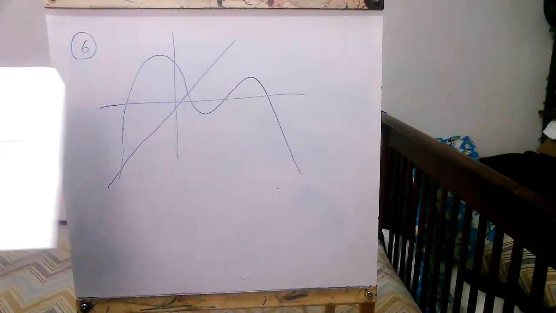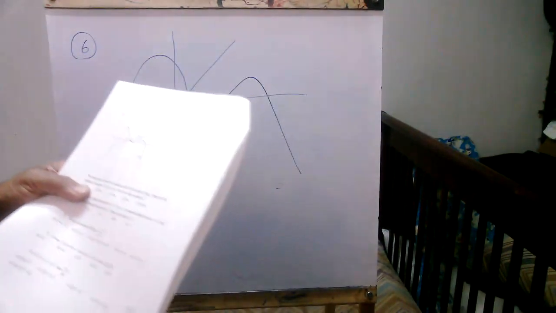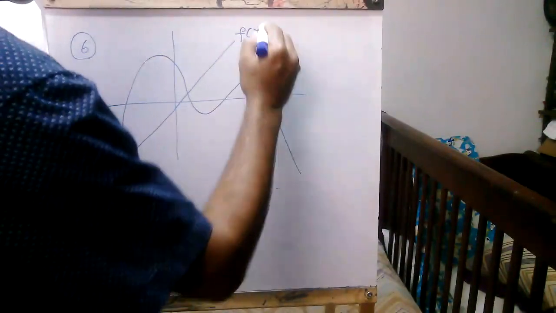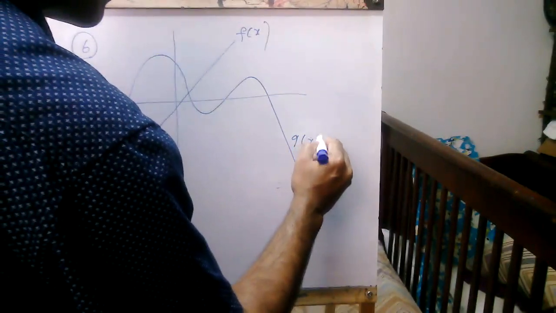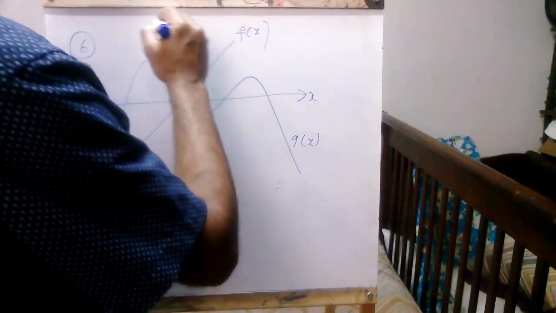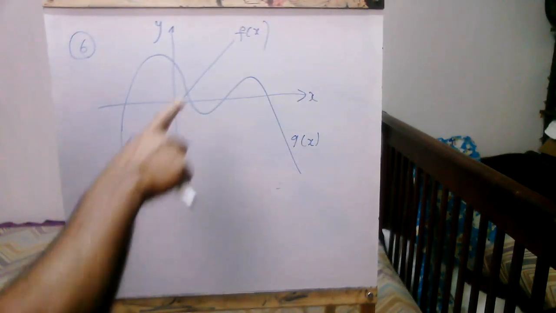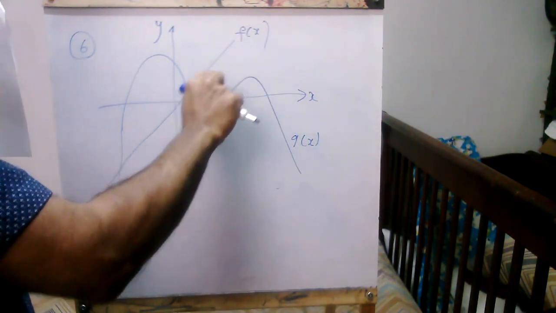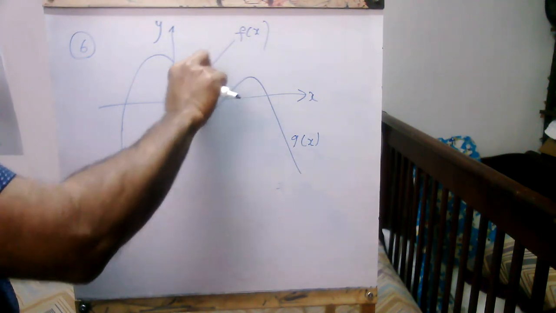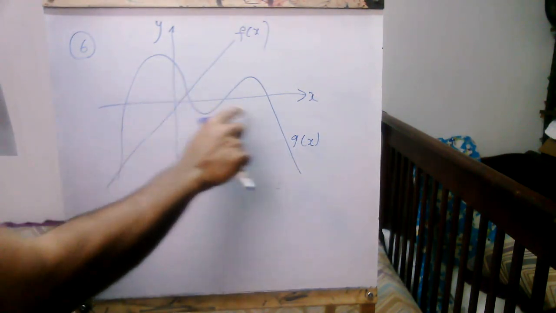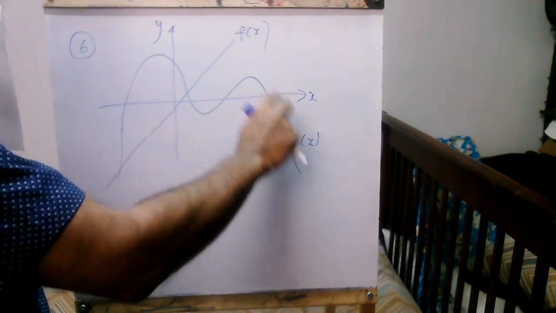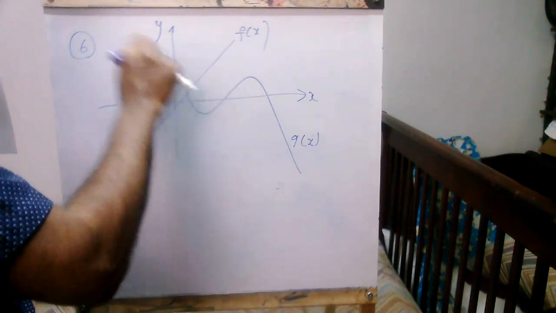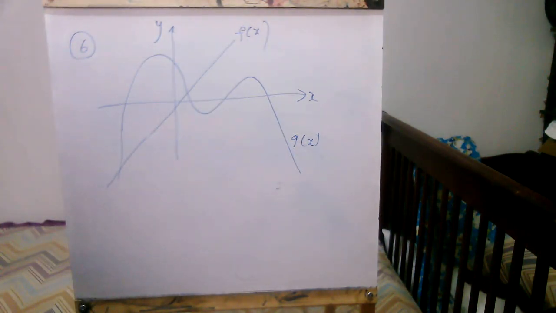Okay, it is like this. This is f(x) and this is g(x), x and y. Now f(x) means the height to the graph from the x-axis, this side, this side, this side. g(x) means the height to the graph from the x-axis, this side.